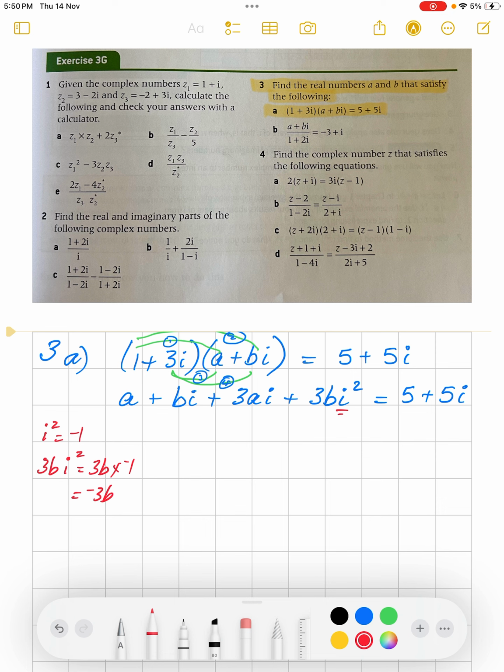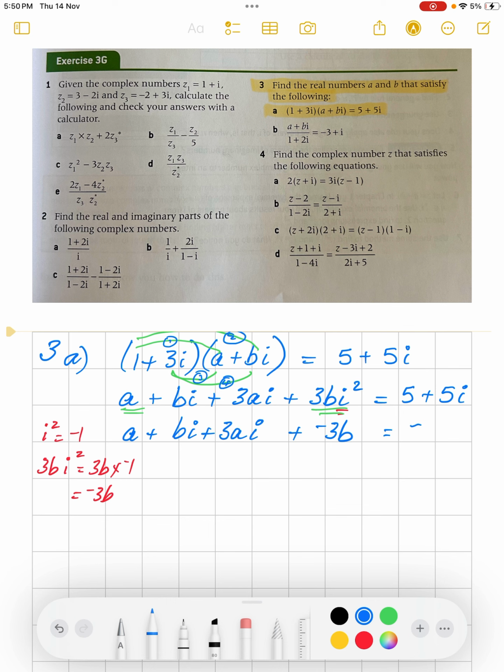So let's replace that with negative 3B, and we'll group the real terms. So the real components would be A, and this becomes negative 3B. So A and negative 3B are the real terms, and the imaginary terms are Bi and 3Ai.